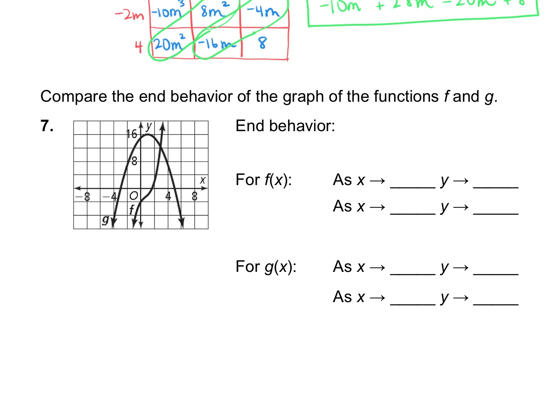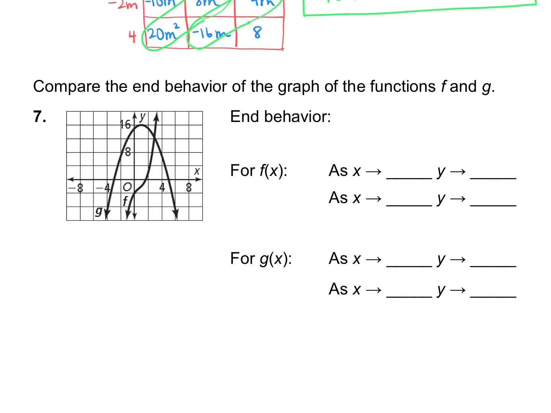All right, number 7, compare the end behavior of the graph of the functions f and g. So we're just going to focus on f of x, which is this one right here, and then we'll do g of x. So our f of x function, maybe I'll highlight it for us here, just so we can see.